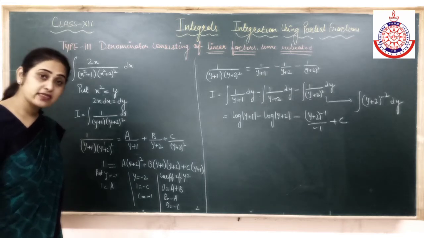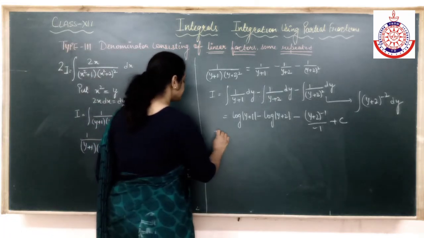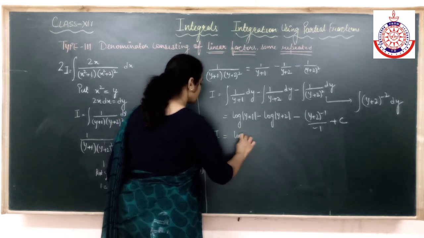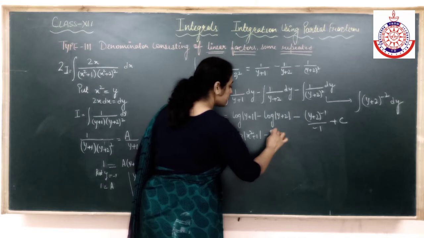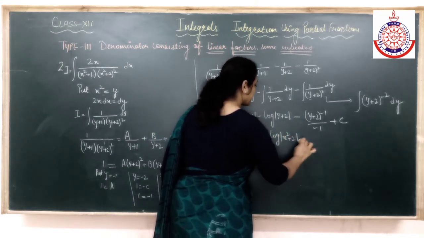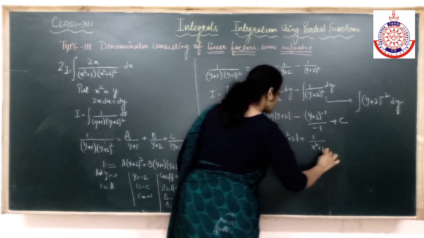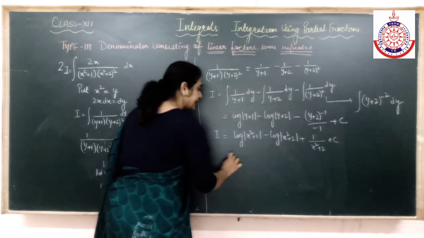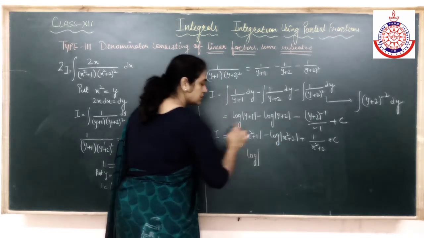So I have to end the question with the original variable. So put the value of y, that is x square. This will come down. If you want to combine this, log m minus log n, because both have number 1 in front.